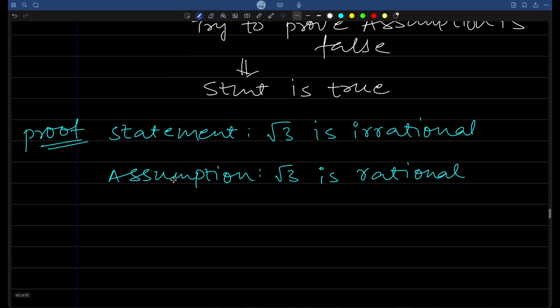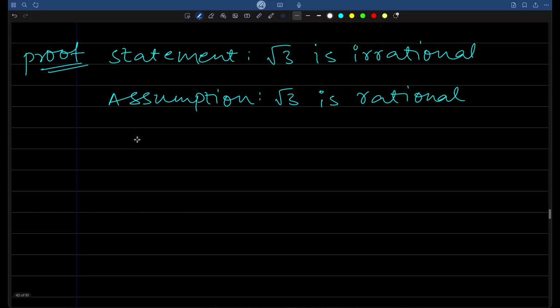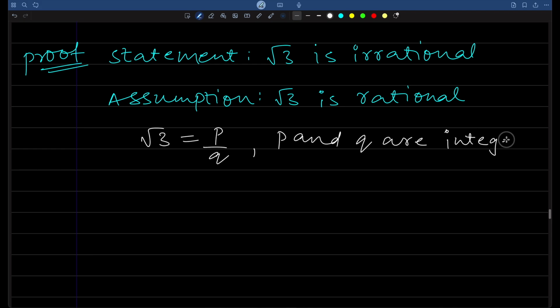Now, if root 3 is rational, then we can represent root 3 equals P by Q, where P and Q are integers and Q not equal to 0.